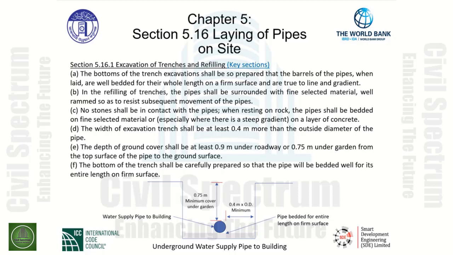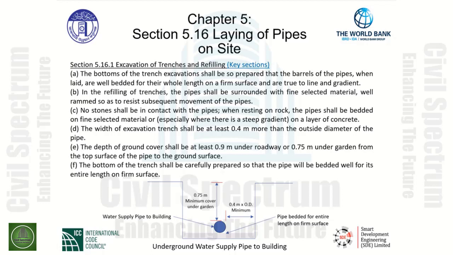Item D gives us a requirement for the width of excavation trench shall be at least 0.4 meters more than the outside diameter of the pipe. So not only do we have bedding requirements, we also have width minimum of the trench based upon the outside diameter of the pipe.